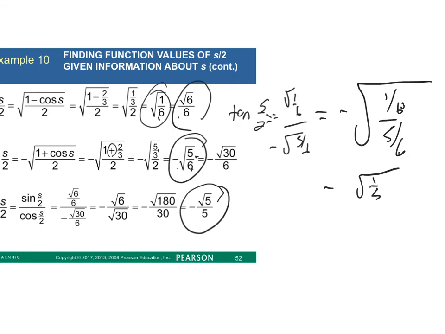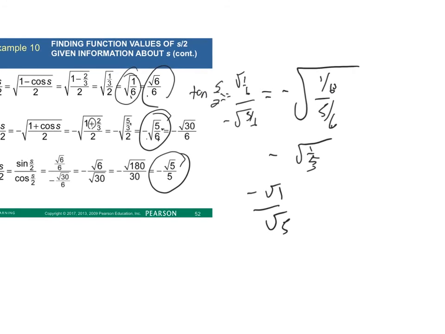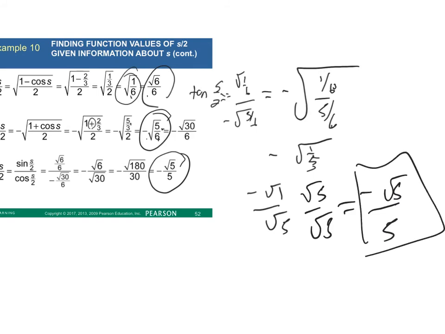Now, you're saying, well, that doesn't look like his answer. Well, if you think about it, this really means negative square root of 1 over square root of 5. And the big bad people say you can't have a radical denominator, so square root of 5 over square root of 5, negative square root of 5 over the square root of 25, which is 5. It's the same answer. Yeah, I know what you're thinking. My math lab is going to make you do that work.